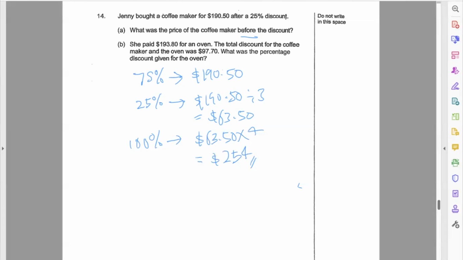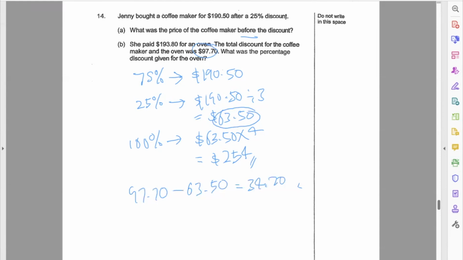We also know that the discount given to the coffee maker is $63.50. So the discount given to the oven will be the total discount of $97.70 minus the discount given to the coffee maker. And what is left, $34.20, is the discount given to the oven.